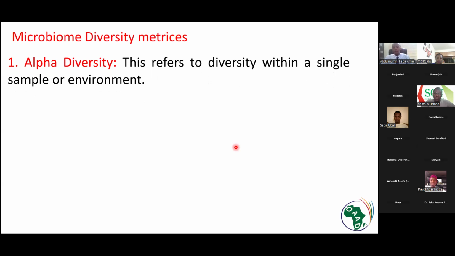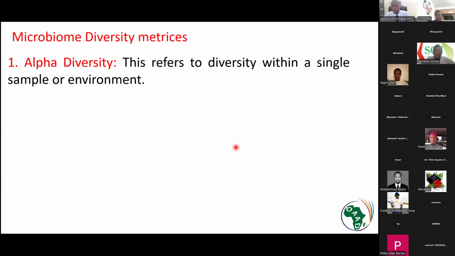It tries to show us how samples in the same environment compare, like how diverse a sample obtained from a particular environment is. While beta diversity shows differences between samples obtained from different environments.